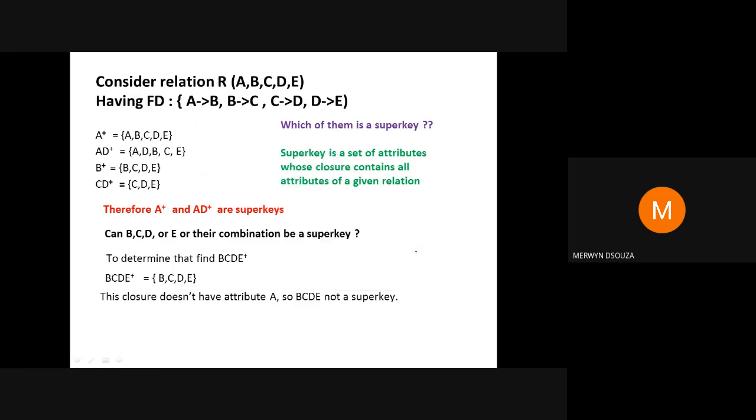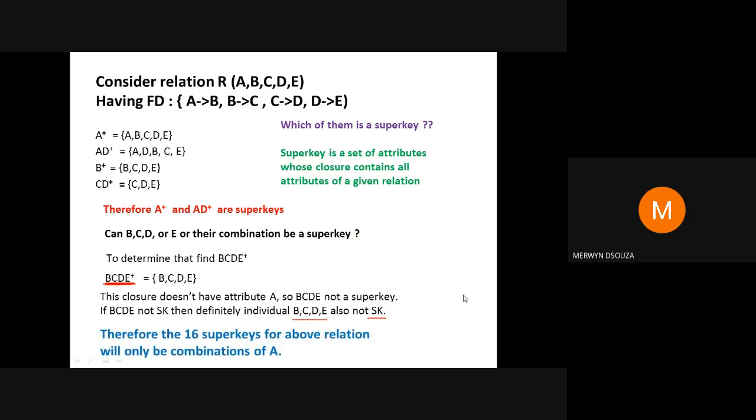If the entire thing BCDE is not a super key, then we can conclude that the individual attributes B, C, D or E are also not super keys. When the entire combination of attributes is not a super key, the individual attributes also will not be super keys.